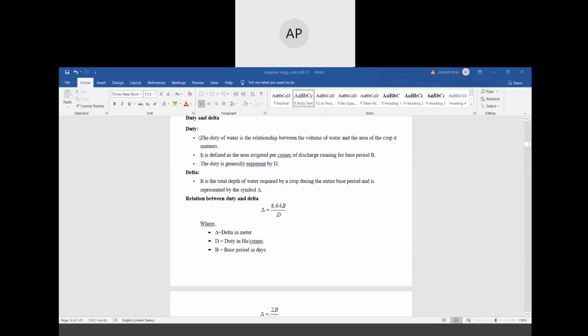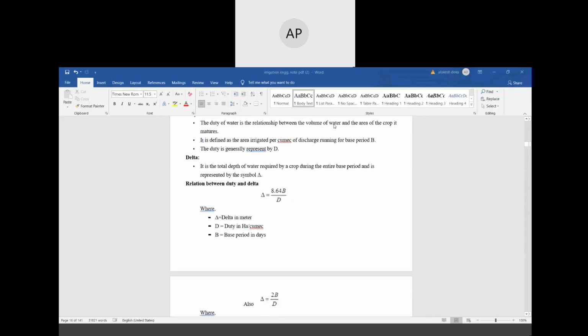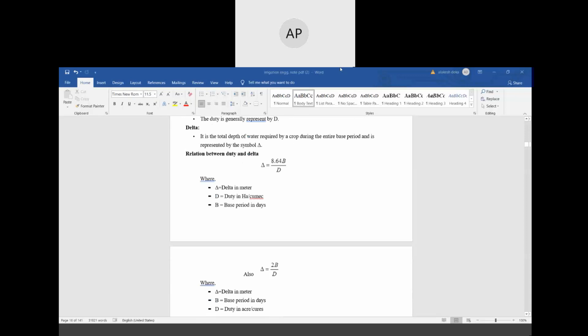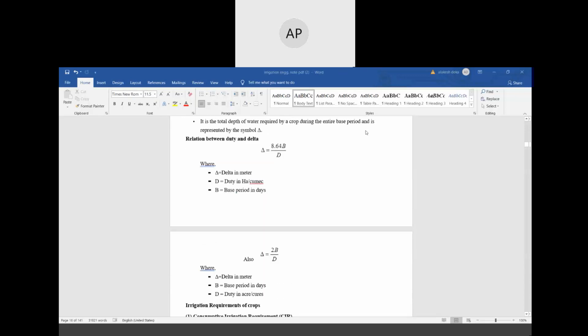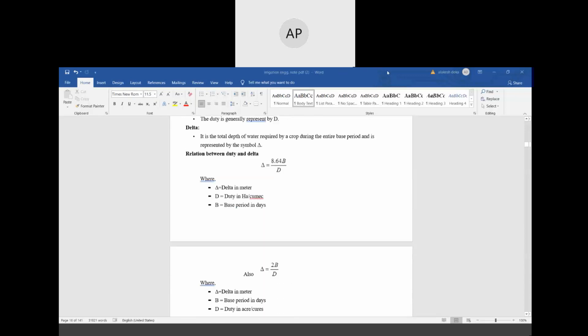Again, another important point is, already I have told you what is duty, what is delta, and base period. So there is a relationship between delta, base period B, and D, duty.